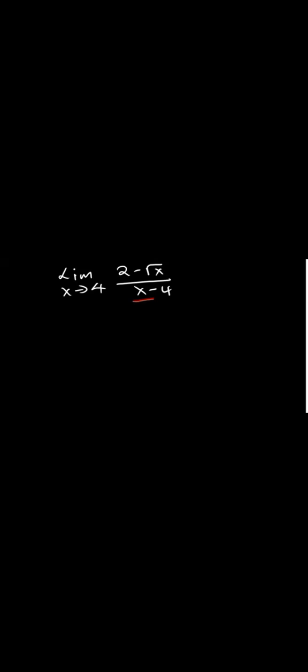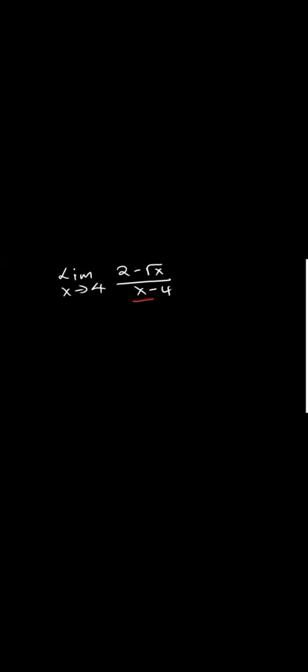But in this case, you can't factorize what's on top there. So we'd want to find ways and means to do away with the root of x on top. The best way to simplify this is by multiplying by the conjugate. When you have 2 minus root of x, the conjugate is 2 plus root of x. You can check our video on conjugates. The link is going to be in the description.